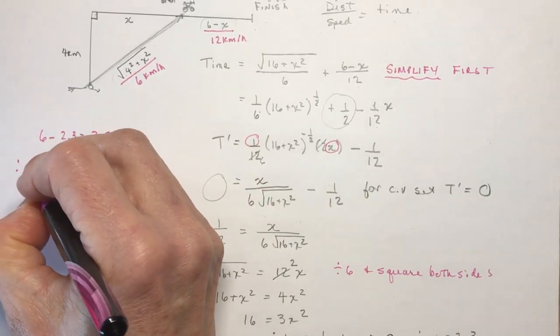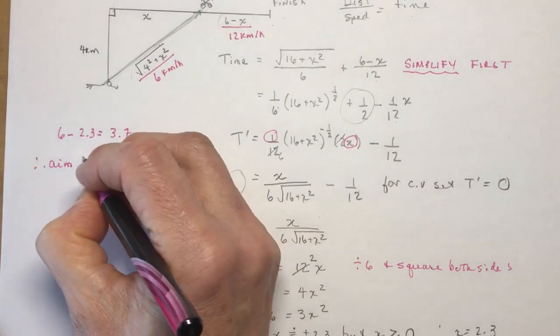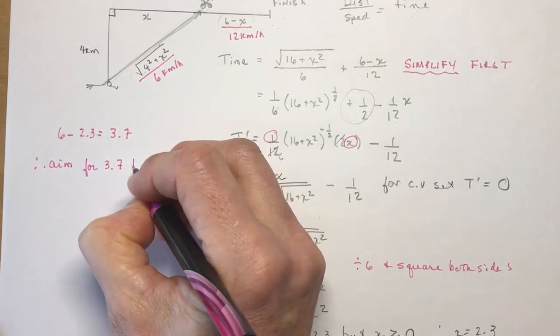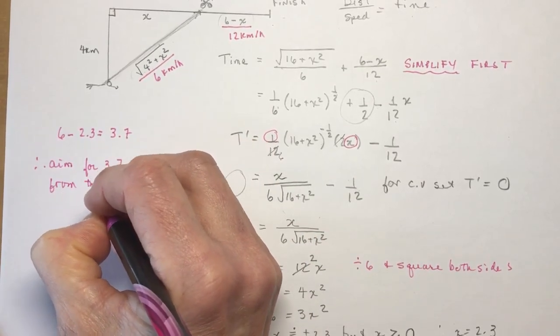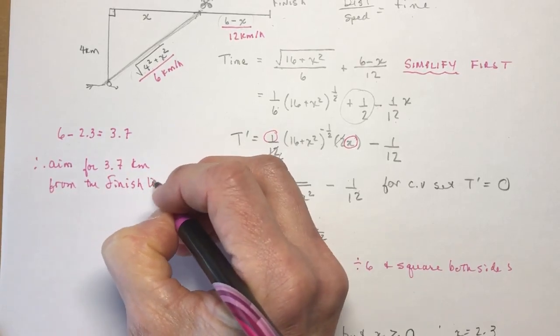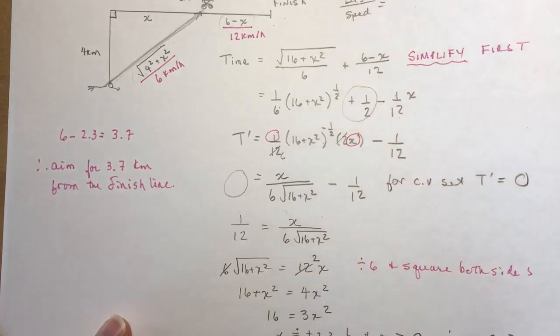So therefore aim for 3.7 kilometers from the finish line. And there you go. There's your first question, and you get your 5 or 6 points or whatever for doing that correctly. You can do these. These are not hard. You've done a couple of them, you'll be off to the races.